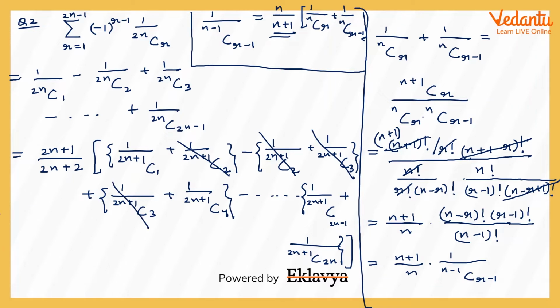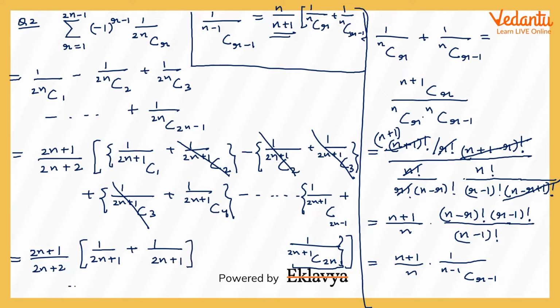So what will be left? Because it's a VN method, you can see every alternate term is getting cancelled. So my first bracket gives 1 upon 2n plus 1 c1, which I can write as 1 upon 2n plus 1. Here also this last term will remain. This will also get cancelled with one of the previous terms, and the value of this also is 1 upon 2n plus 1.